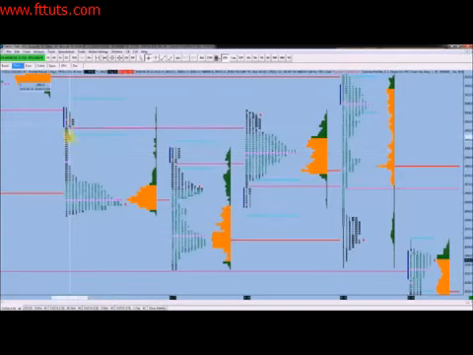When we're breaking one side here, it could still be a lot of things. An initial balance failure could happen, and we could go back to the upside. One of the other days that we're going to come to, a neutral day, where we're forever breaking either side of the initial balance and the initial balance ends up in the middle. At this point of day we're not going to know this.